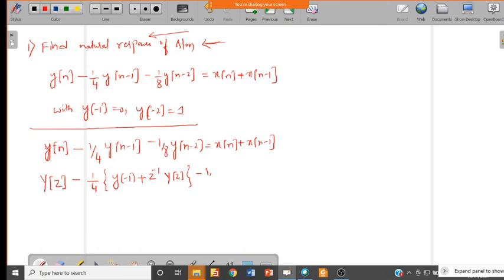Similarly, you can write y of n minus 2 in terms of the Z transform, that is y of minus 2 plus z inverse into y of minus 1 plus z power minus 2 into Y of z. This will be equal to X of z plus x of minus 1 plus z inverse into X of z. Okay, so we can write it like this.